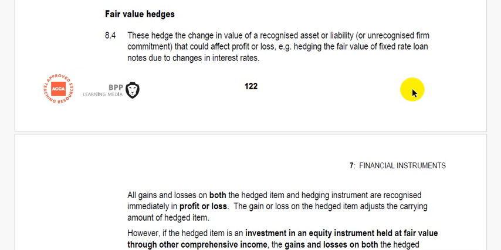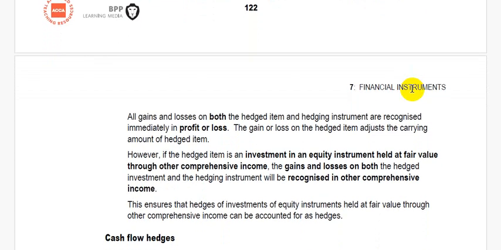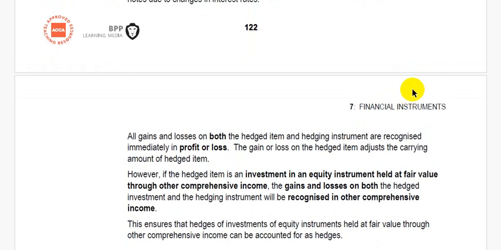However, if the hedged item is an investment in an equity instrument held at fair value through other comprehensive income, the gains and losses on both the hedged investment and the hedging item will be recognized in other comprehensive income.